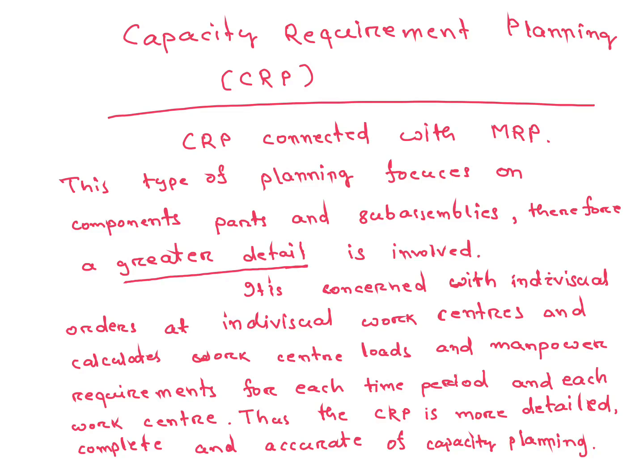It is concerned with individual orders at individual work centers and calculates work center loads and manpower requirements for each time period and each work center. More detail you have to do. Thus, CRP is a more detailed, complete and accurate form of capacity planning.